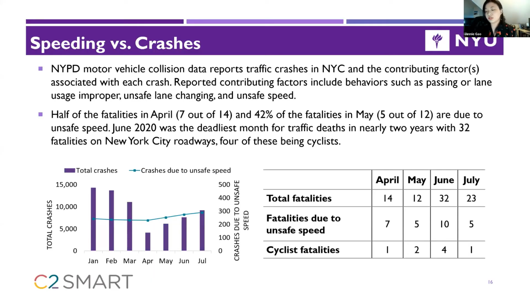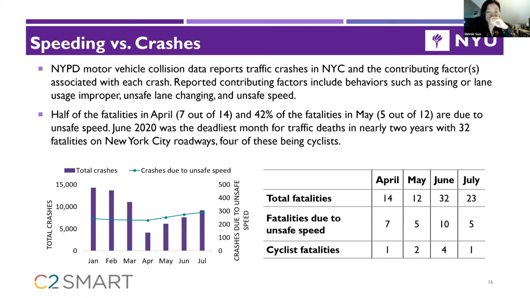Right, and the other intuitive thought is, this might be related to the number of crashes, or to the fatalities. So we're still unclear about the relationship between speeding and crashes. It's a little bit hard to say, but if we look at the fatality numbers, half of the fatalities in April and 42% of the fatalities in May are actually due to unsafe speed.